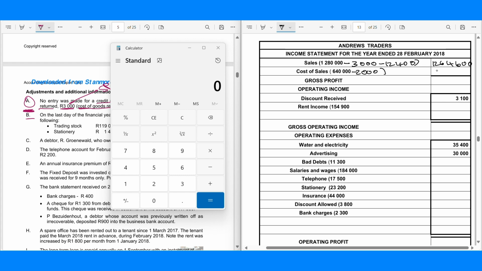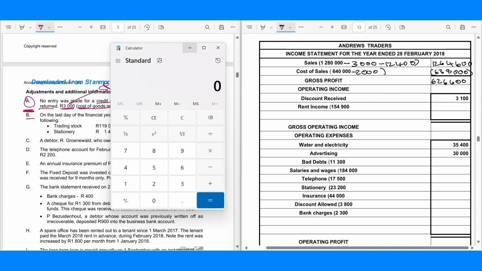Then our answer for cost of sales, we must put it in a bracket, will be 638,000. Then the difference: sales minus cost of sales, we should get gross profit. We're going to get a gross profit of 626,600. So this is how it is.